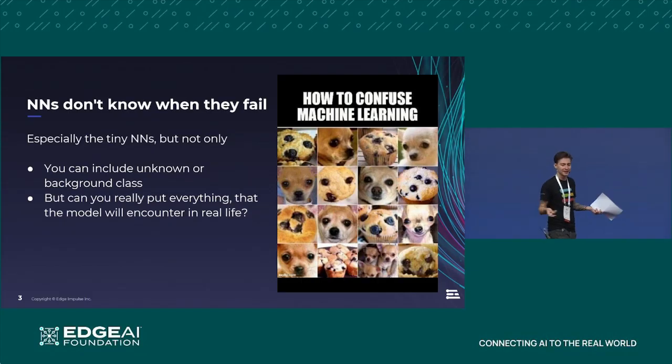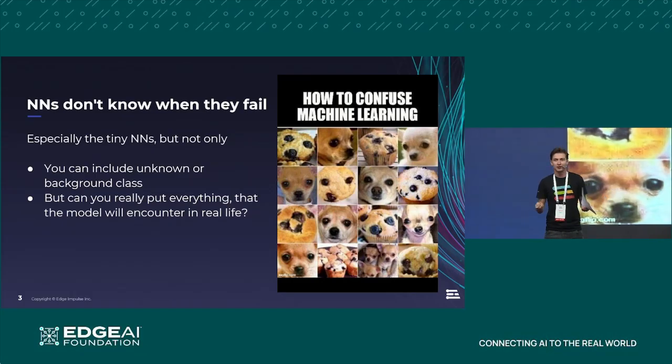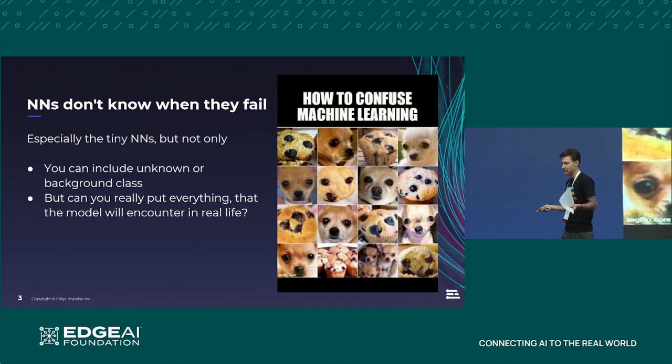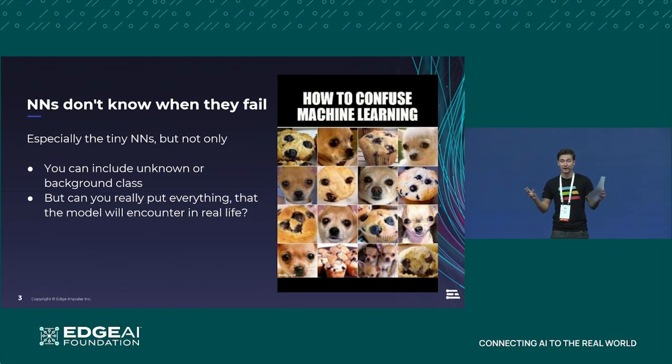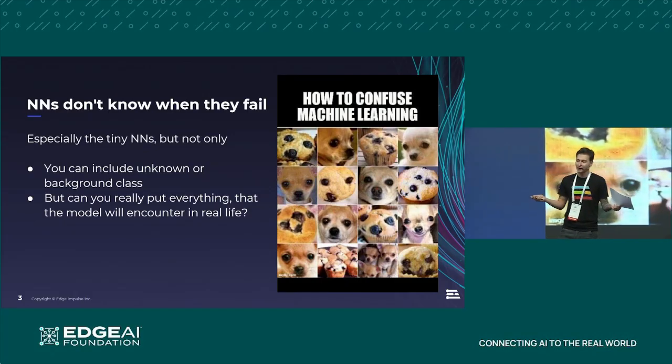That's the problem. A speaker from a few presentations before, from ST, mentioned that field testing is actually a huge part of the Edge AI development process, because you get out of the lab and you realize your model encounters all sorts of weird stuff in the real world, right?